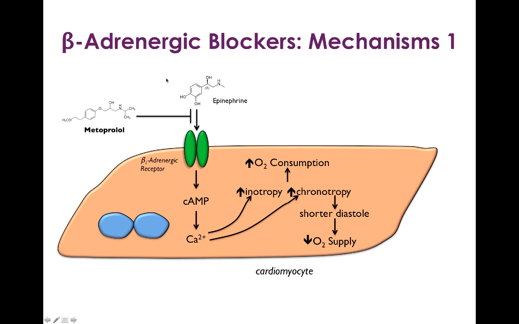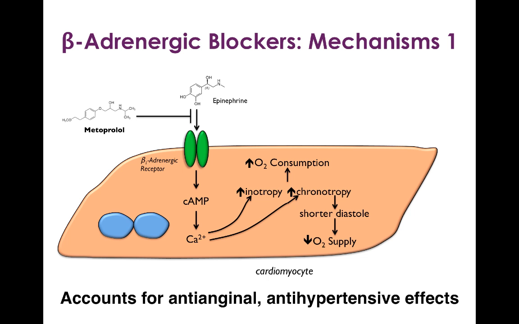So then a beta blocker like metoprolol blocks adrenergic stimulation and therefore can improve supply and demand of oxygen and improve ischemia. So this mechanism accounts for the anti-anginal and antihypertensive effects of beta blockers.